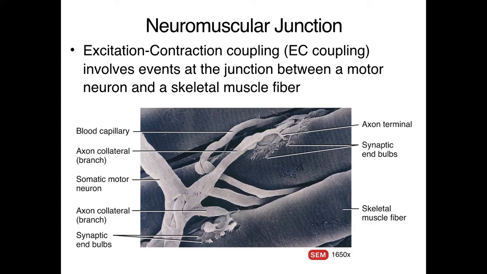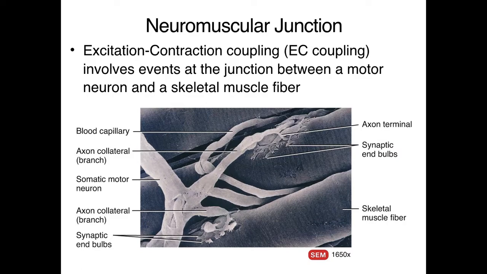Skeletal muscle cells don't contract and don't propagate unless they are told to by a nerve. And here you can see this is a skeletal muscle fiber here, this is a skeletal muscle fiber, this is a skeletal muscle fiber. And this, you see here in white, is an axon.